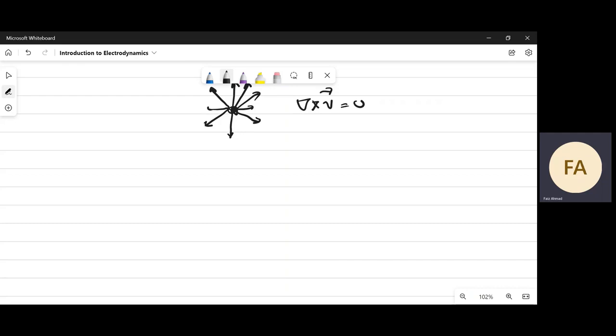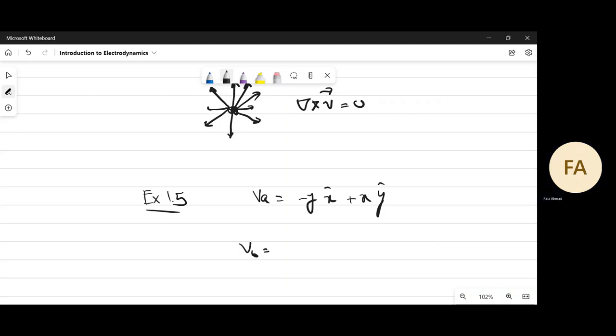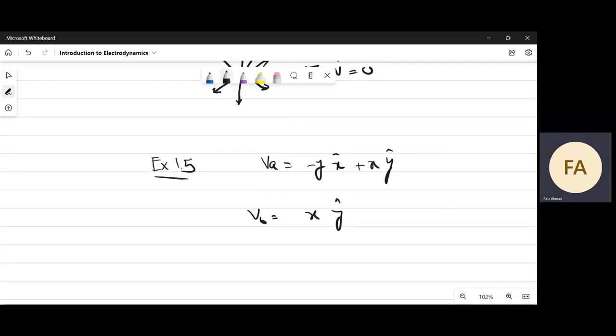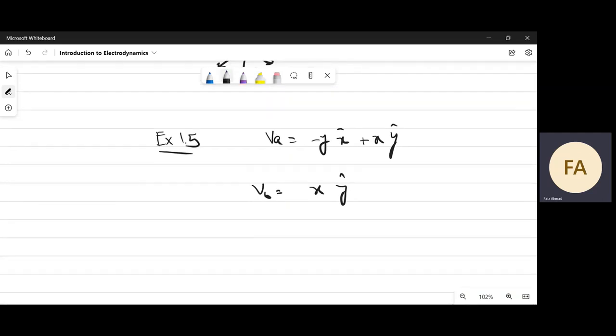So we have example 1.5. VA is minus y x unit vector plus x y unit vector, and VB is x y unit vector. We are asked to find the curl of VA and VB. So these are both vectors.